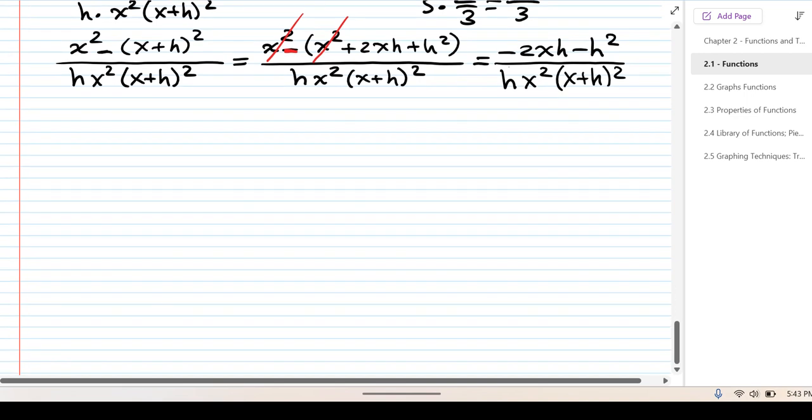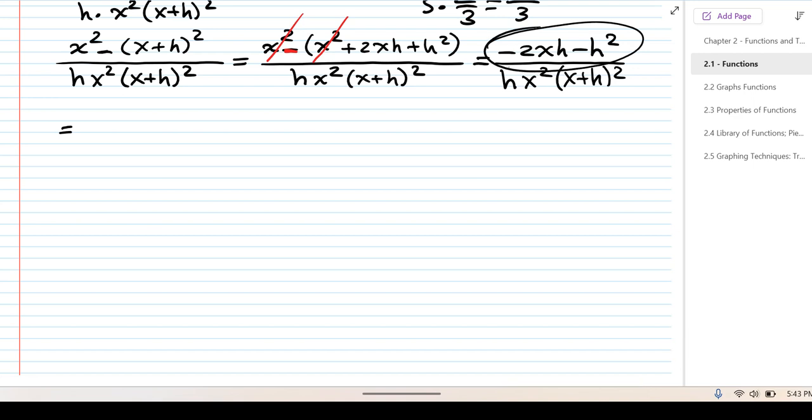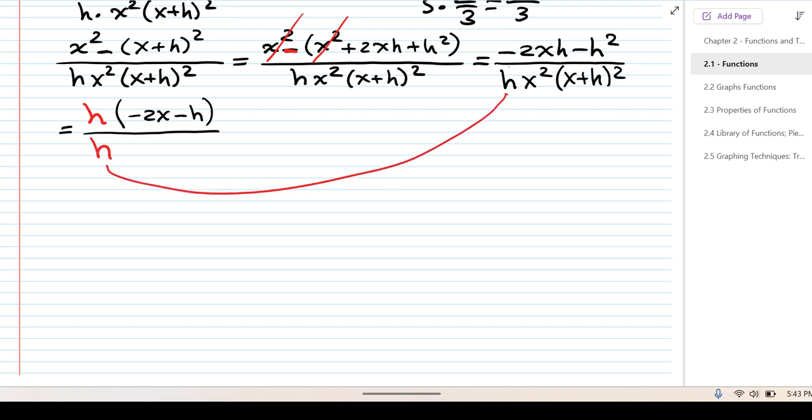And the final step, the final simplification, is in the numerator. Notice the h is the common factor. So I'm going to factor the h out of the numerator. That will give me negative 2x minus h. And in the denominator, I have h, that's this h. And then, of course, I have the remaining factors, x squared and (x plus h) squared.